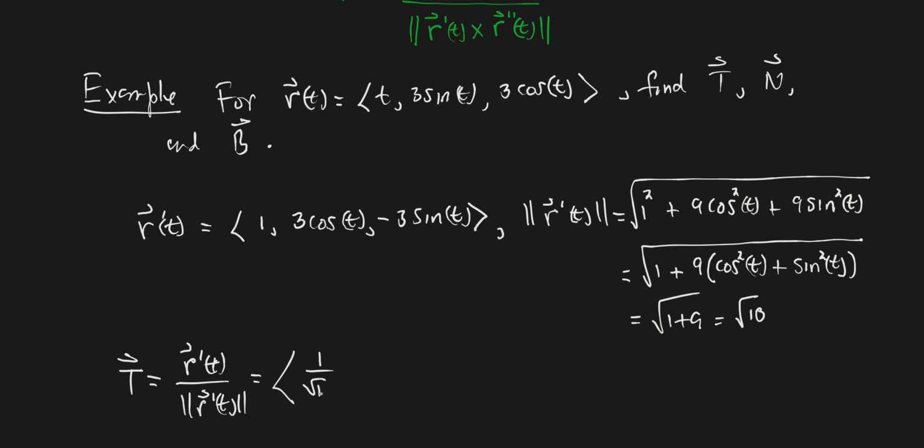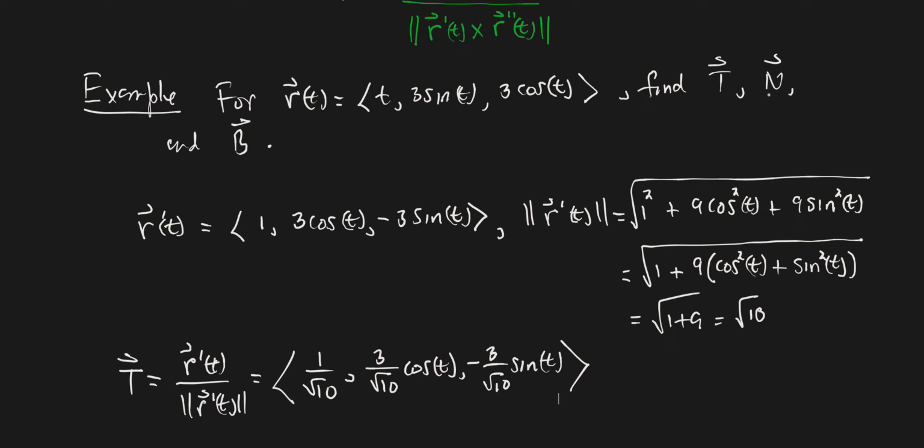So 1 over root 10, and then 3 over root 10 cosine of t, and then negative 3 over root 10 sine of t. All right, so there we go, 1 out of 3. So we are 33 and a third % complete in this task.